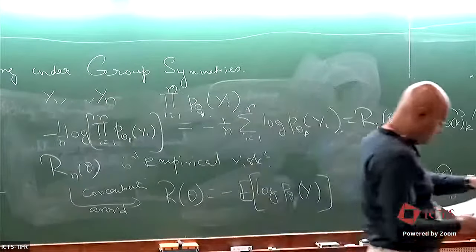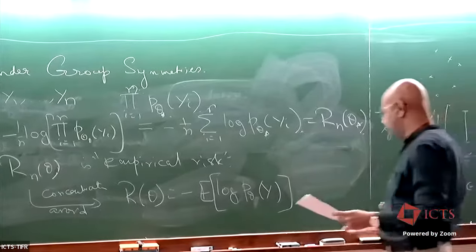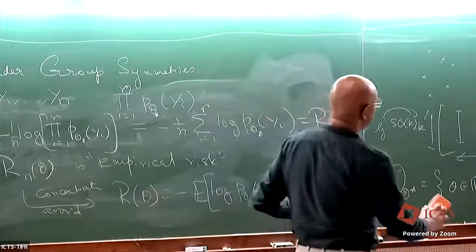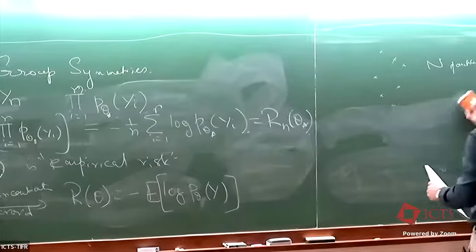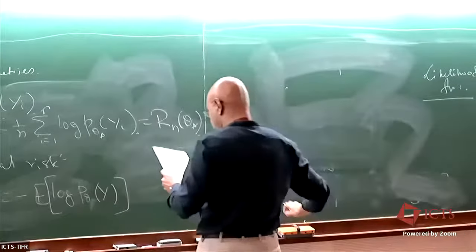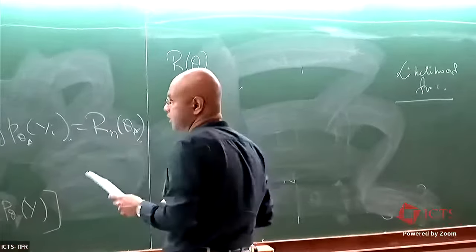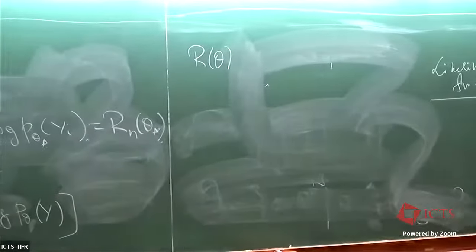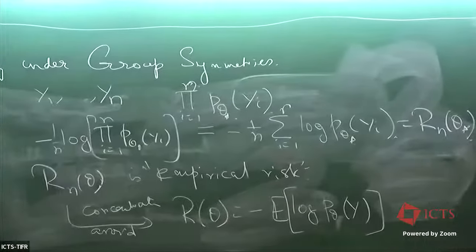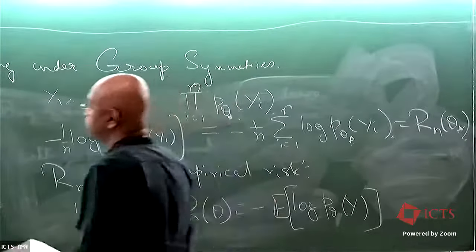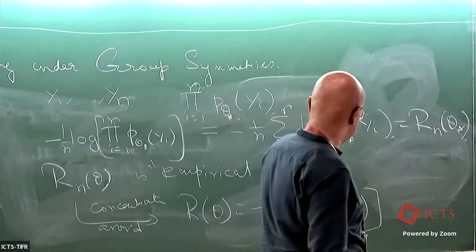These are some generalities, and it is a simple computation which we will not have time to do in detail. Suppose the true value of your signal is theta star, and you sample observations from theta star, and then you look at this function for a general theta.